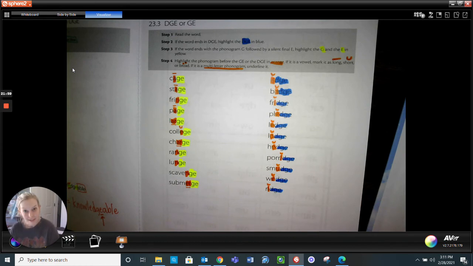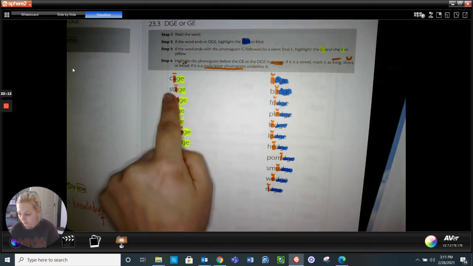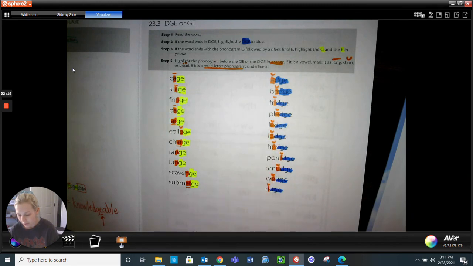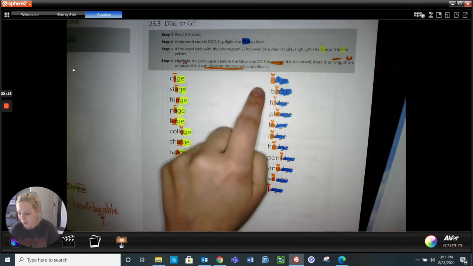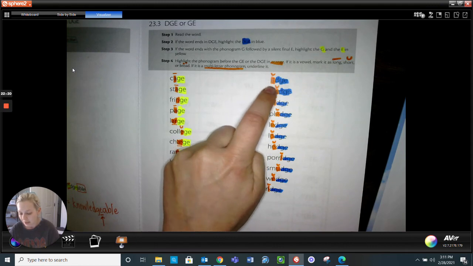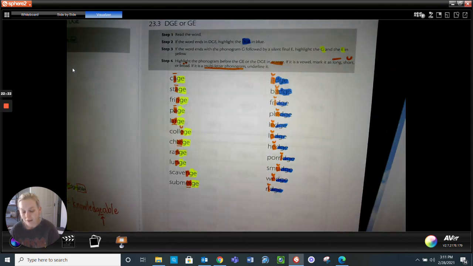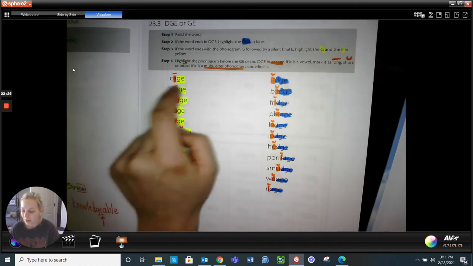You might be able to hear the difference between GE and DGE. I want you to read these words aloud and read across the column, so that you first read a word that ends with GE and then one that ends in DGE. Listen and feel your mouth as you say the final sound. What do you notice? So I'll show you.